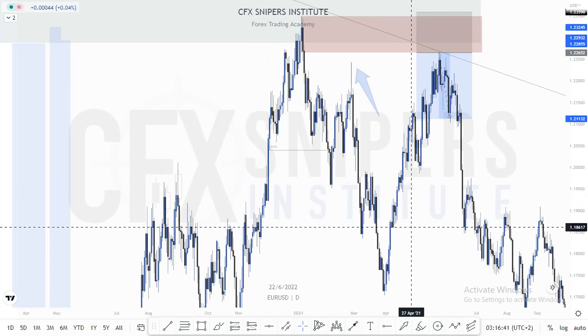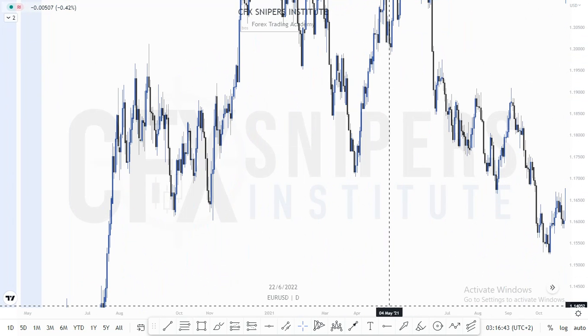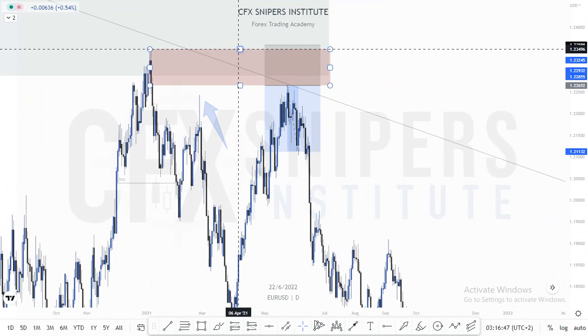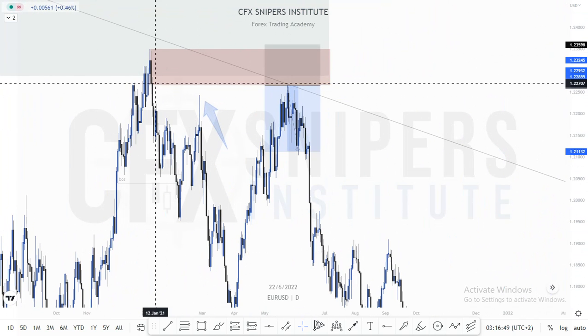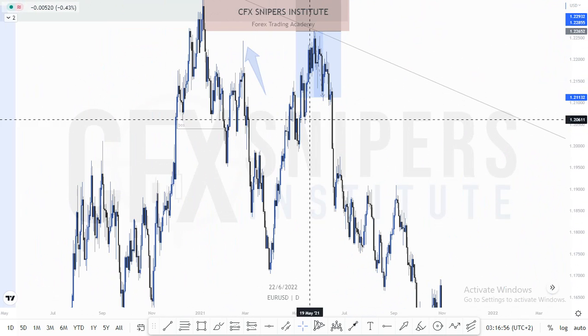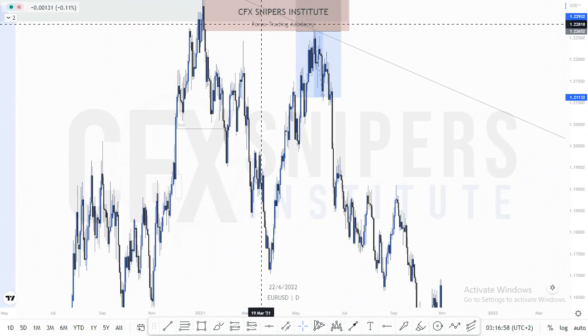What happens next? Market retraces back, takes you out, picks up our limits, and then instant break even. So this right here is what I call inducement, liquidity inducement.